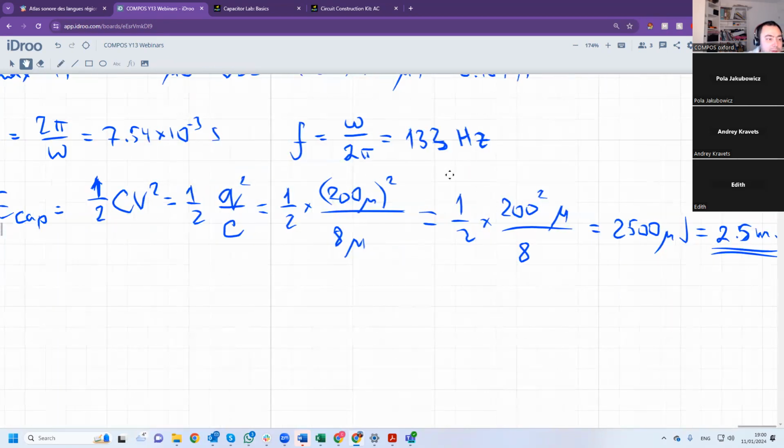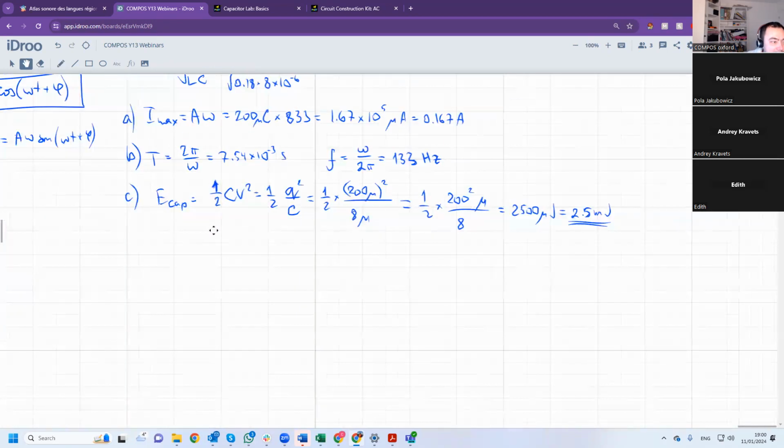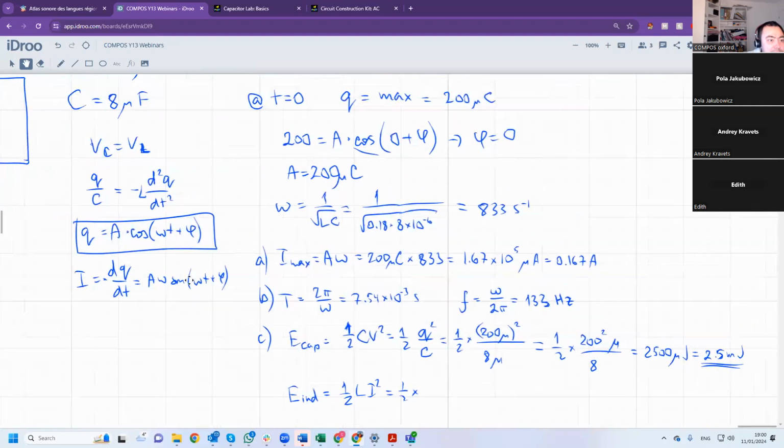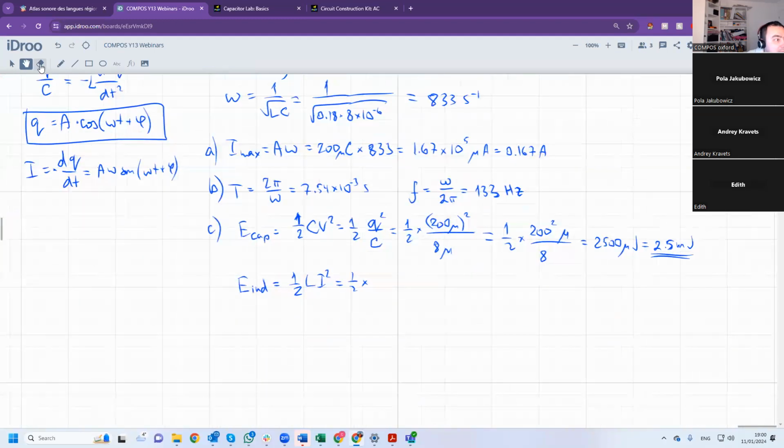2.5 millijoules. All right. The energy in the inductor is 1/2 L multiplied by I squared. So it's 1/2 multiplied by L, which is 0.18, multiplied by the maximum current squared.